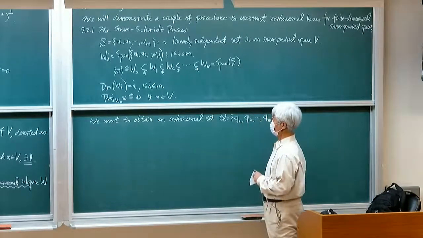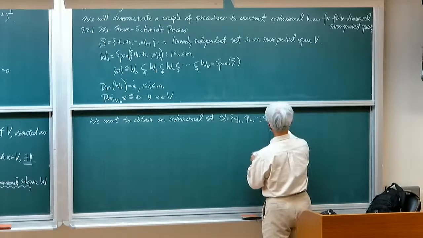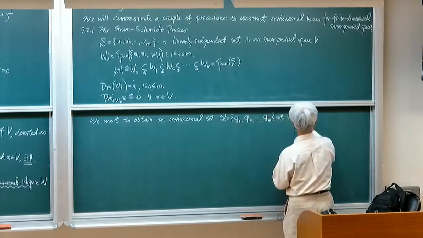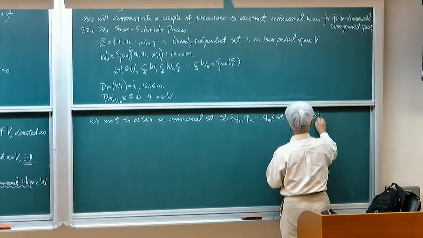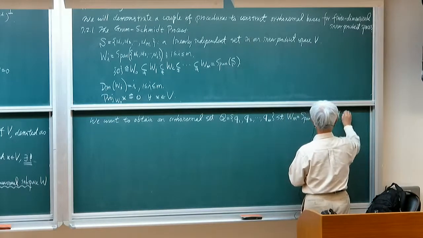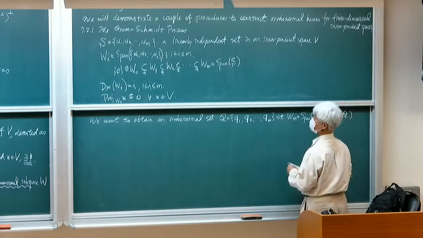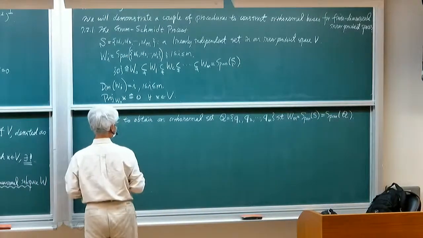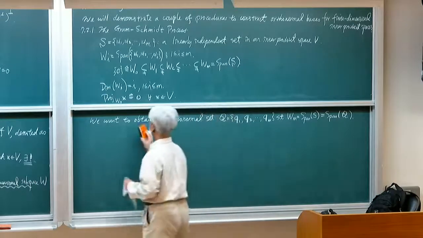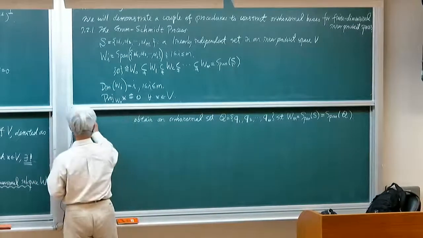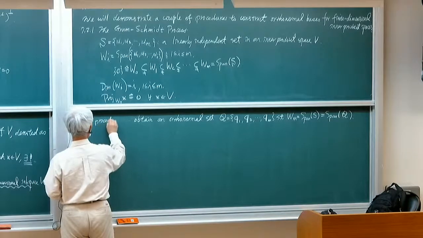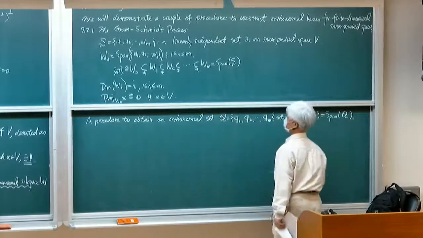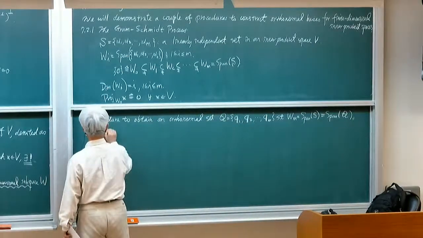Okay, so we want to obtain an orthonormal set such that Wm, as we know, is the span of S, is equal to the span of Q. Right? So I think a procedure to obtain this, right, is as follows.